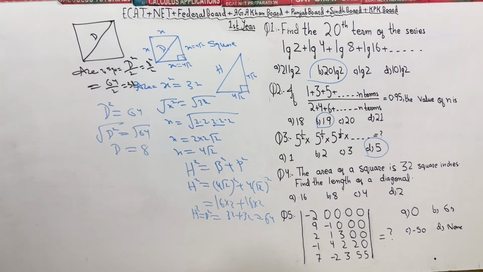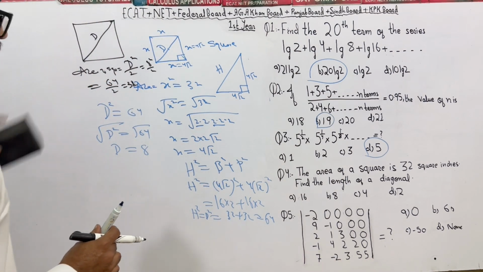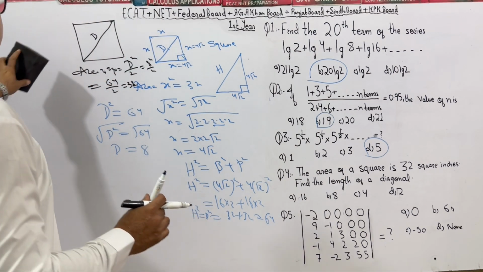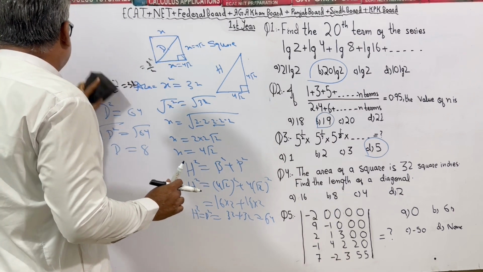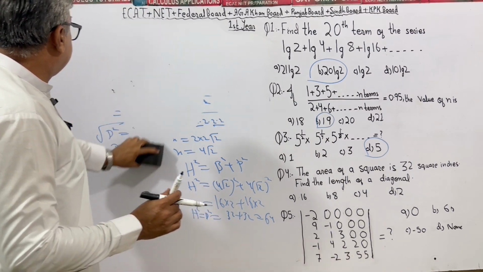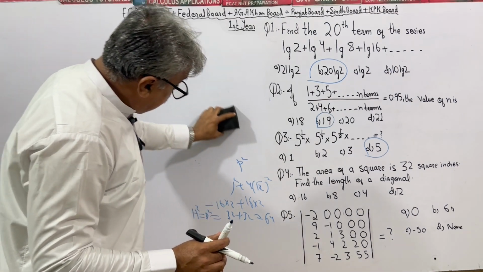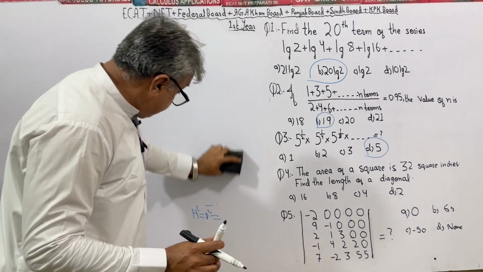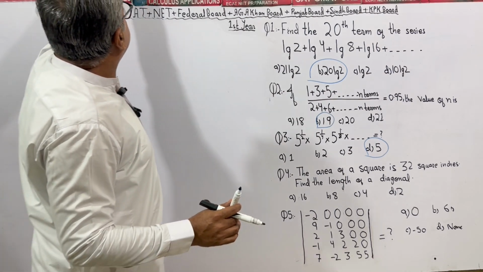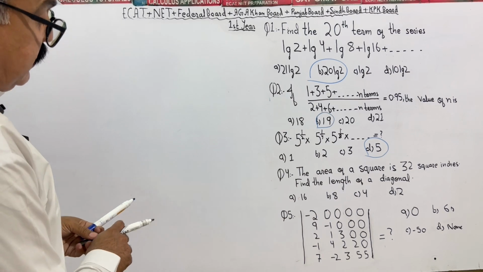Okay, cool. Moving towards the fifth question, a determinant sort of question. It is a determinant of, I think, 5 by 5. The longer the order of the determinant and matrix, the simpler is their solution. Look at this. May I write this?